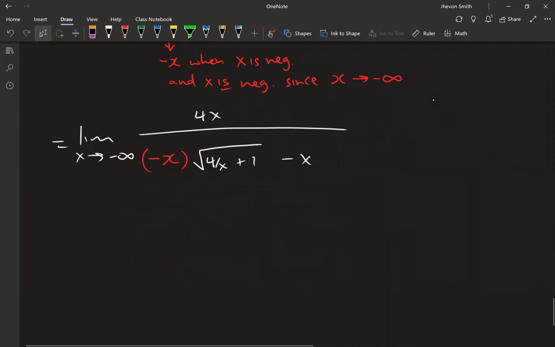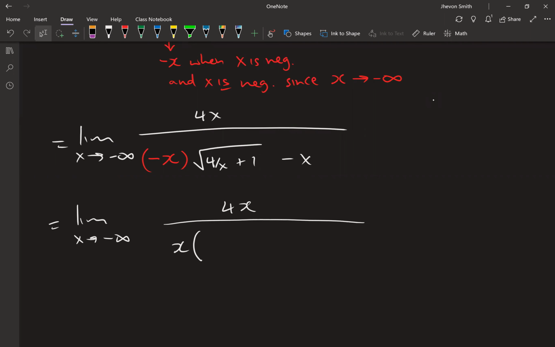Right? And so now what you can do is factor out an x from the denominator, or factor out a negative x if you want. And you'd be left over with the radical of 4 over x plus 1 plus 1.